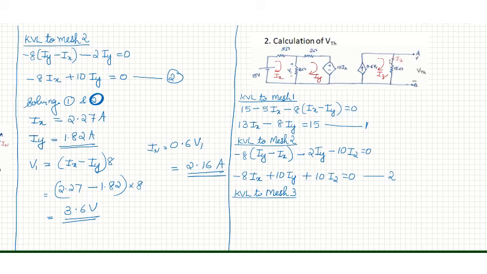So we can write I2 equal to 0.6 V1, where V1 is the voltage across this 8 ohm resistor, which is 8 into (Ix minus Iy).